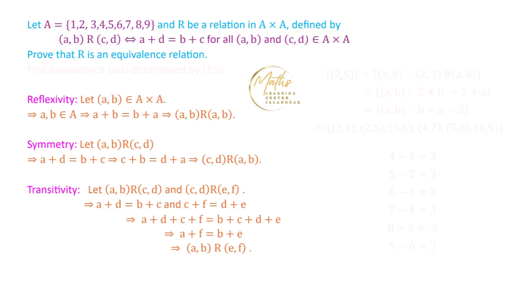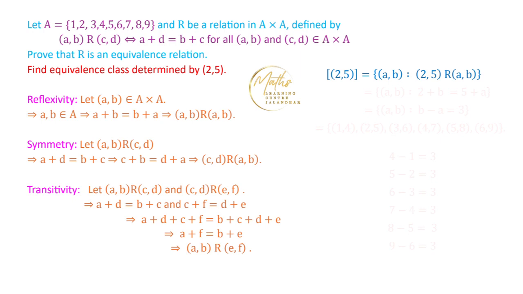Now the next part is that we have to find the equivalence class determined by the element (2, 5). When we are talking about the equivalence class of (2, 5), we are interested in those elements (a, b) which are related to this element (2, 5).